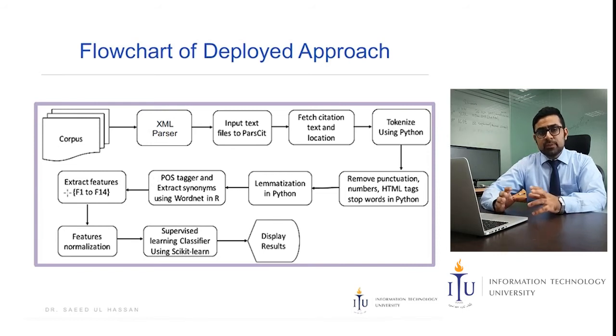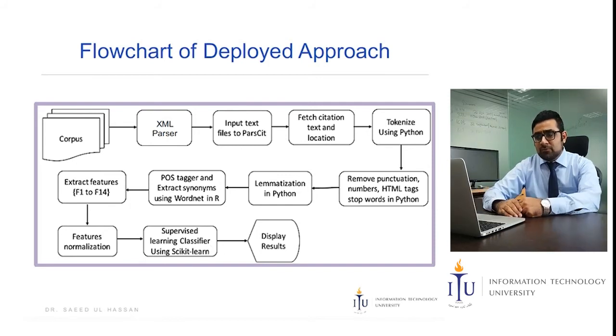And eventually, with all these processing steps, we had 14 features extracted, and then we did the standard feature normalization before we gave our data for training to scikit-learn, and eventually the results were displayed.